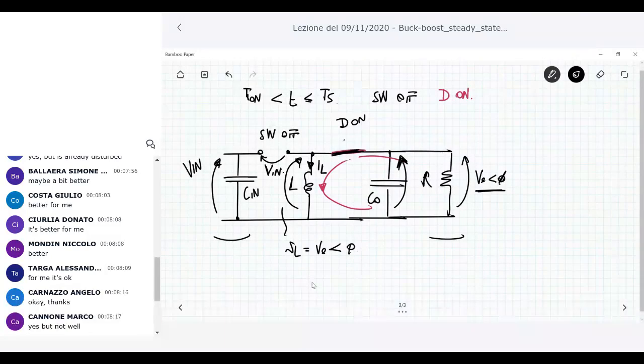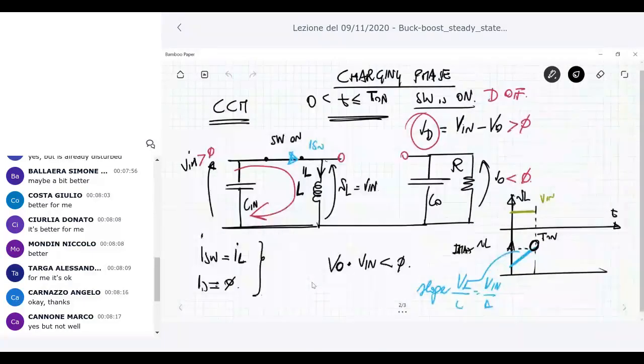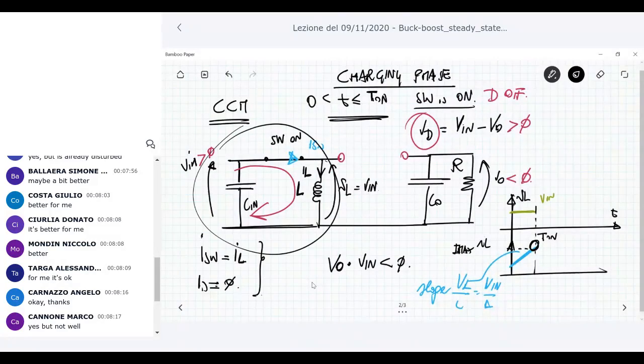In the boost converter, during T off the output voltage across the capacitor should be large enough to be constant and maintain the output voltage. In that situation, which is similar to the boost, we also have to consider what happened during T on. During T on, again, you don't have any connection between the input side and the output side. They are totally separated.